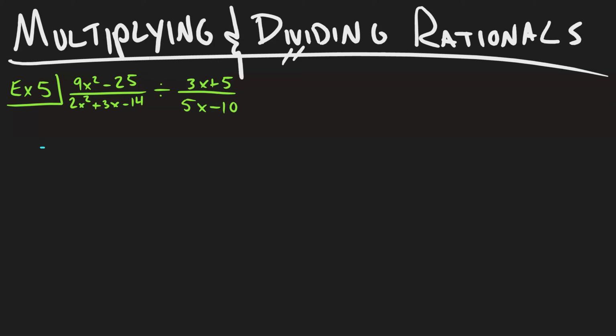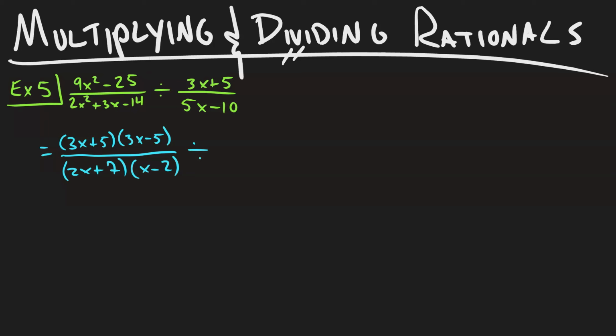In this problem, our first numerator is a difference of squares, which can be factored as 3x plus 5 times 3x minus 5 over our denominator, which can be factored as 2x plus 7 times x minus 2.